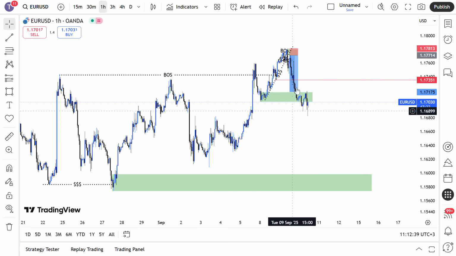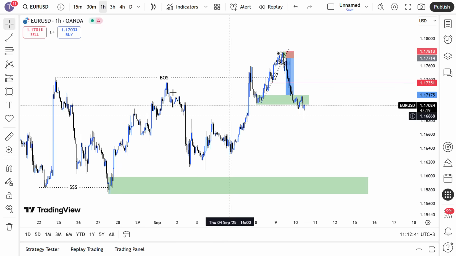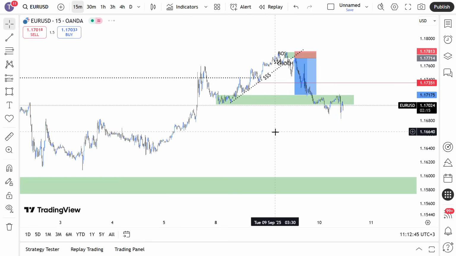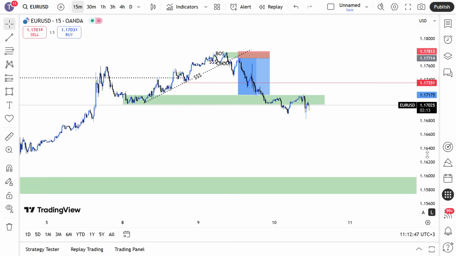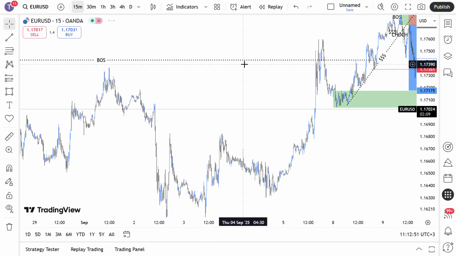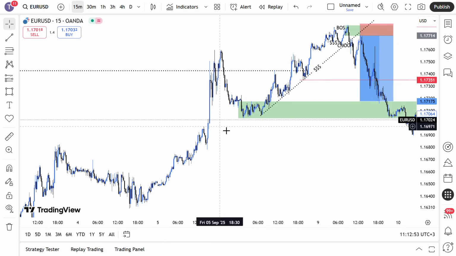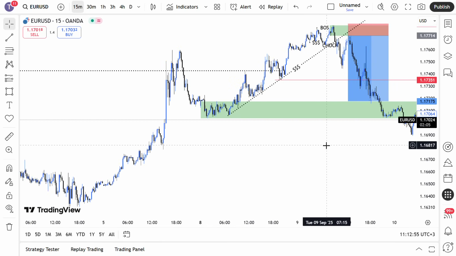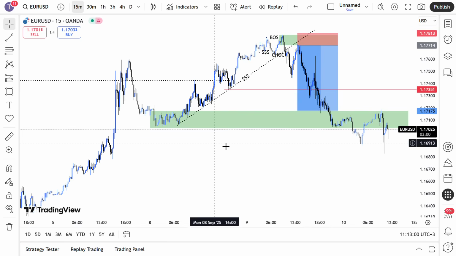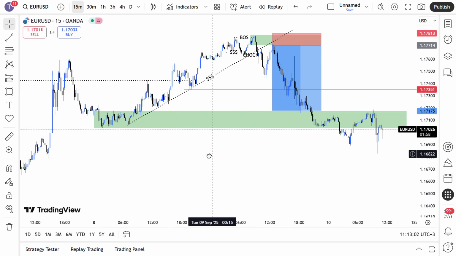So let me show you how I got this trade. I went to the 15 minutes time frame, and on the 15 minutes time frame, once the BOS on the higher time frame was formed, I was expecting a pullback, and I expected this low to be taken out. And why is this low going to be taken out?